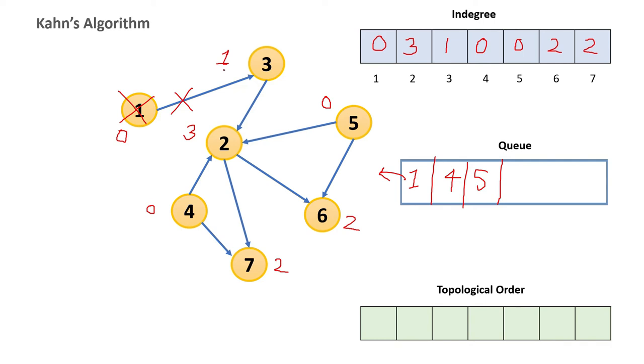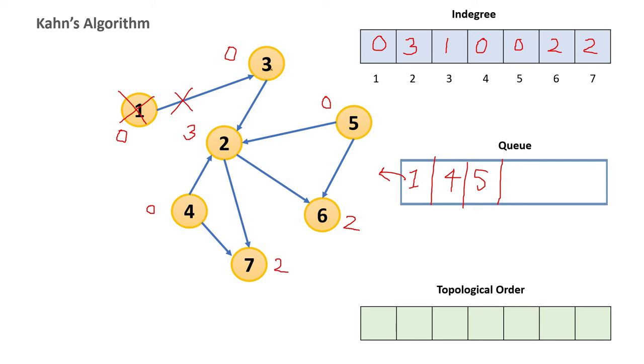Then whatever neighbors 1 has, I can reduce their in-degree value by 1. 1's only neighbor is 3, so I have to decrease its in-degree value by 1. Now the new value will be 0.